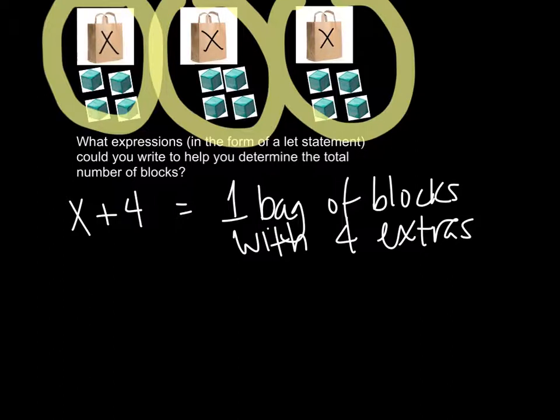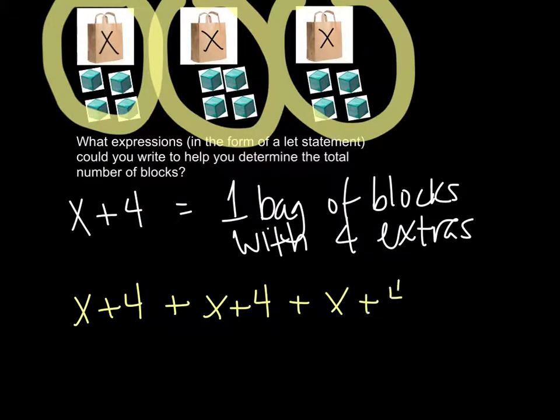So you might say, I could write x plus 4 for bag 1, plus x plus 4 for that middle bag and extra blocks, plus x plus 4 for that third bag and those extra blocks.